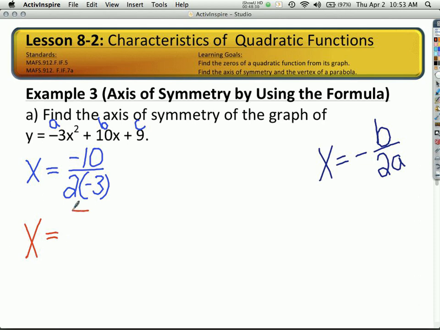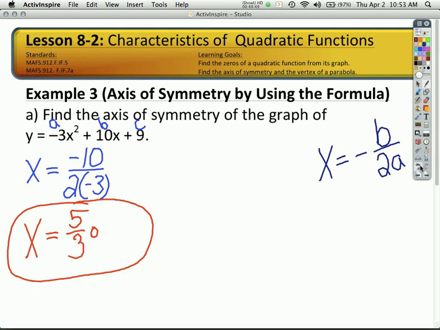We get x equals 5/3. Since this represents a coordinate, also, if you wanted to, you could change this to 1 2/3. You could change it to 1 2/3 as well. That would be appropriate, or leave it as 5/3. Does anyone have any questions on how we found the axis of symmetry?